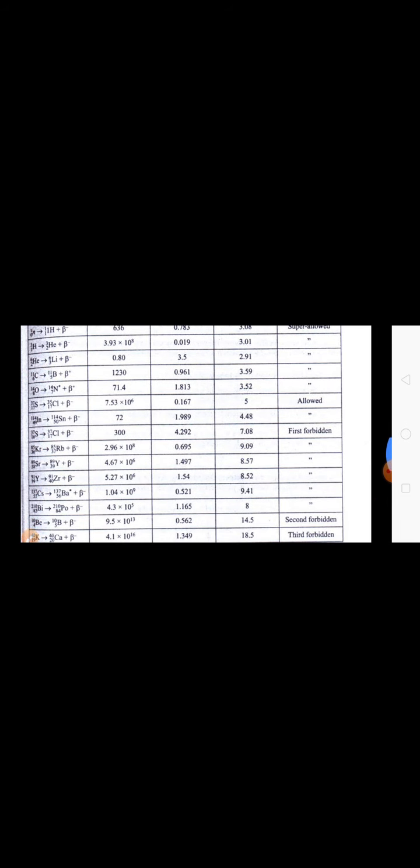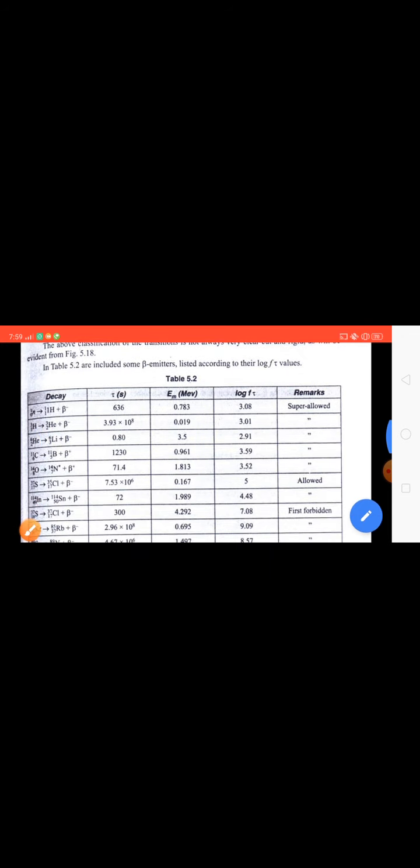Now from this one, chlorine to silicon, giving the beta decay emission. This is simply an allowed transition, because it comes under the second group, 4.5 to 5, the simply allowed transitions.